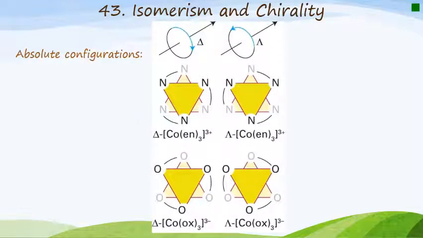Then there's one last thing that I need to deal with, and that is absolute configuration. Now, some of these polydentate ligands bind more than one position. Okay, if you were to look at this, this would be the metal center, and you'd have a connection here and here.